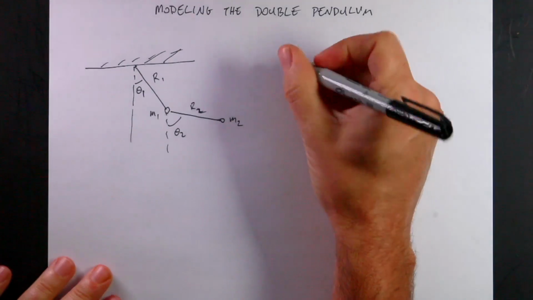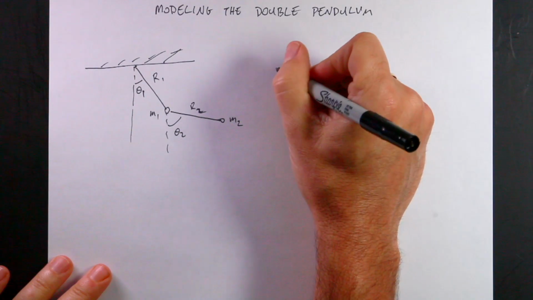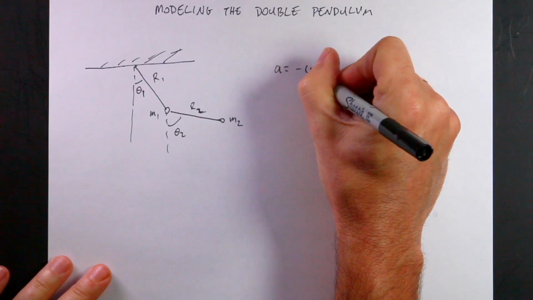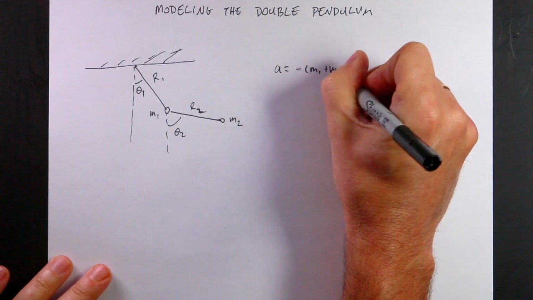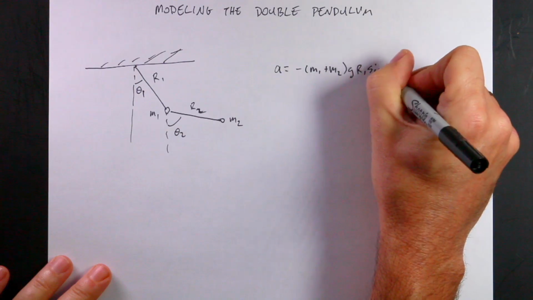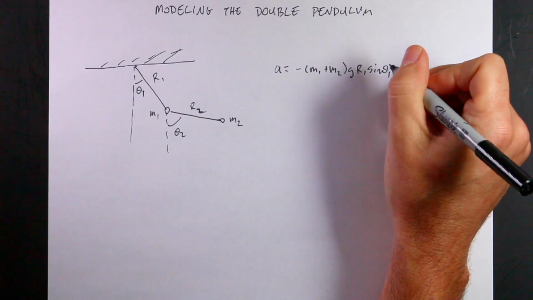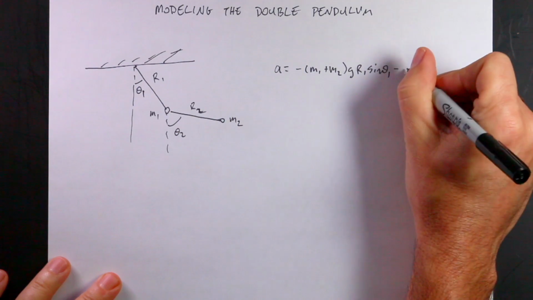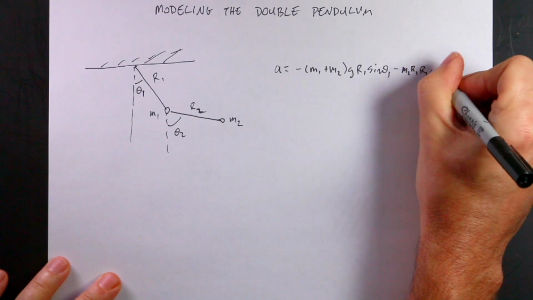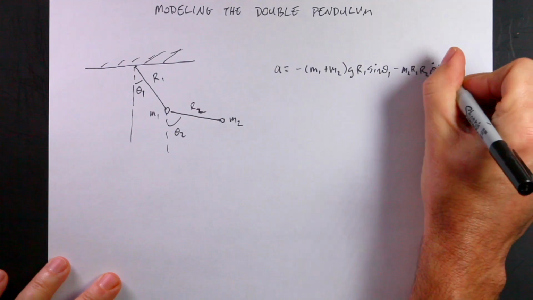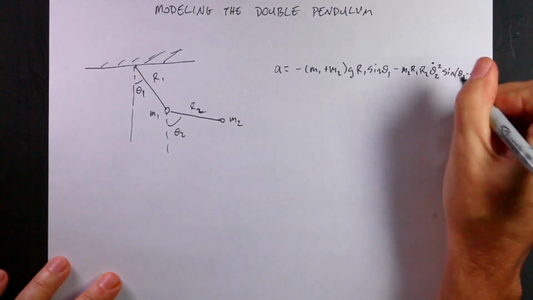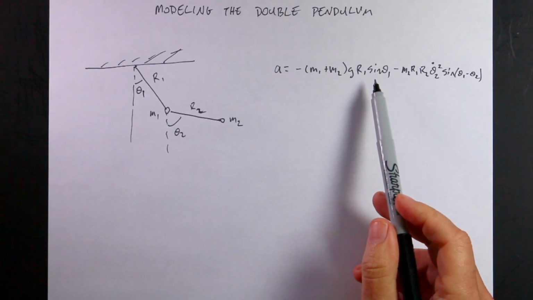Okay, so I'm going to first say this. A equals negative (M1 plus M2) G R1 sine theta 1 minus M2 R1 R2 theta 2 dot squared sine(theta 1 minus theta 2). Now, that is not a constant term.